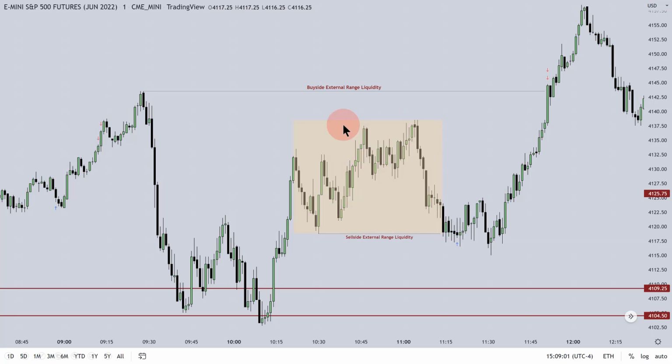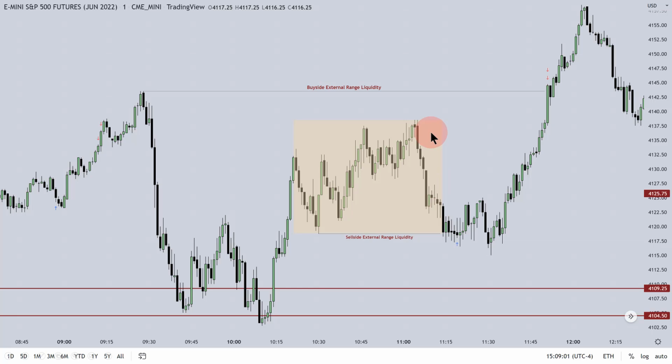So liquidity above would be buy side and below would be sell side. I'm only interested if I'm bullish for the sell side. So sell side external range liquidity, external to this dealing range or trading range.